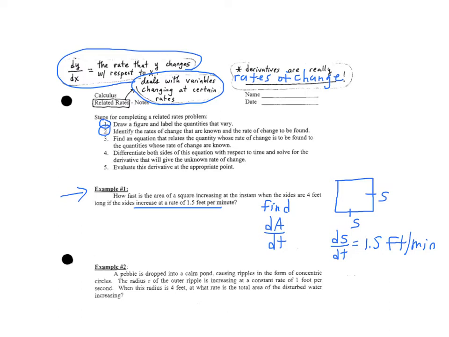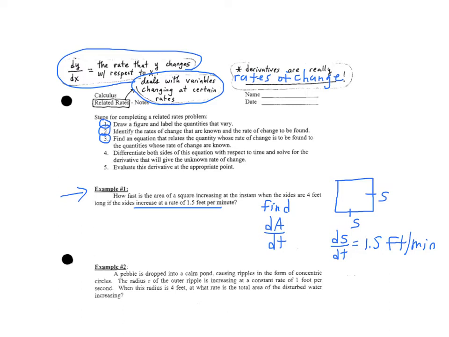We're trying to find how fast the area is increasing at the instant when the sides are 4. It's almost like we're going to pause the growth at the moment when they're 4 feet long. The third step is to find an equation that relates these quantities.